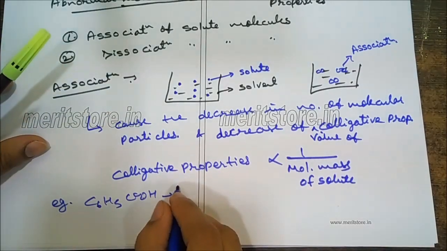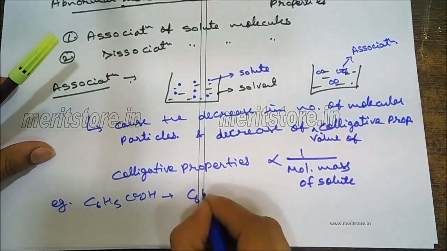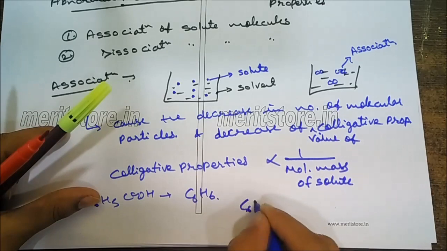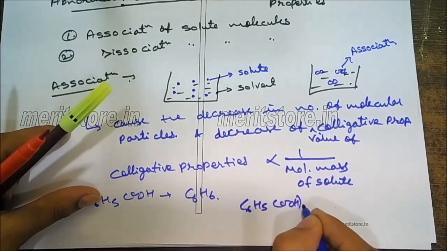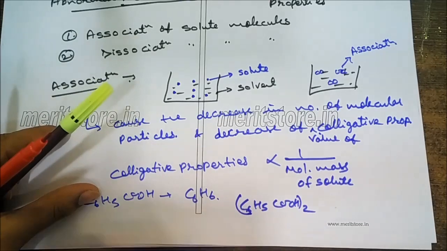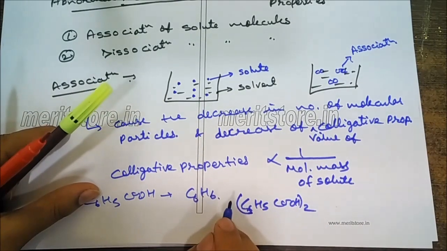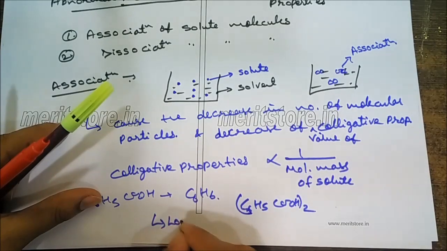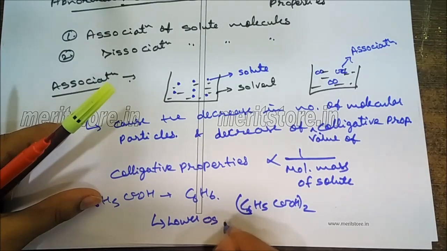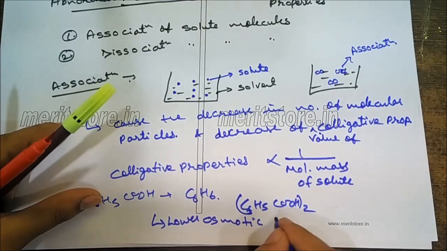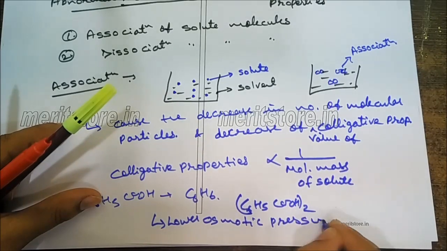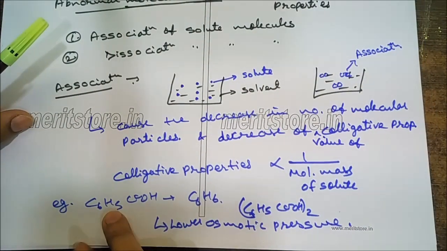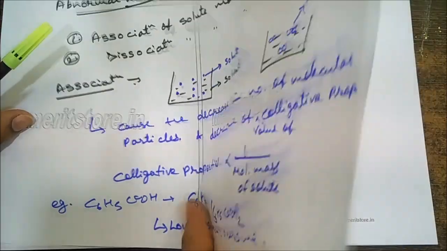It gets dimerized in the benzene solution, so its molecular formula will be as dimer (C6H5COOH)2. So if it is in dimer state, then it will cause the lower osmotic pressure. So by association of benzoic acid molecules, the osmotic pressure gets lowered.